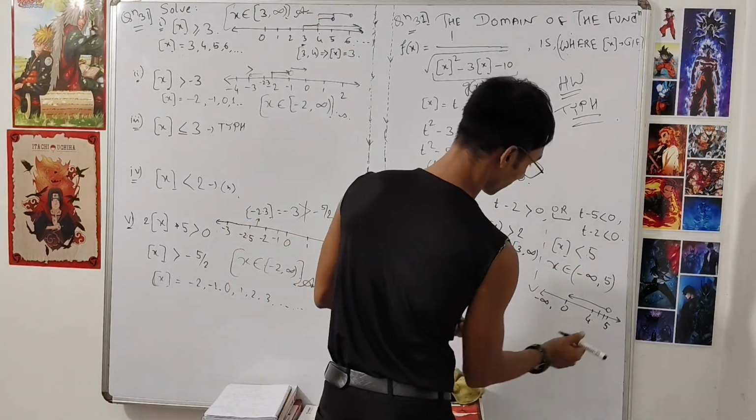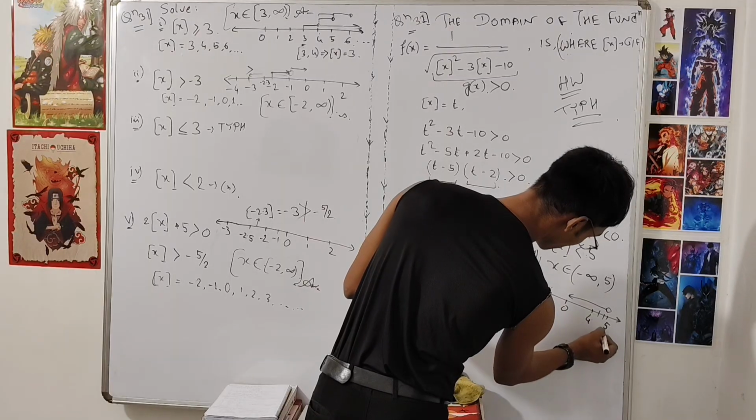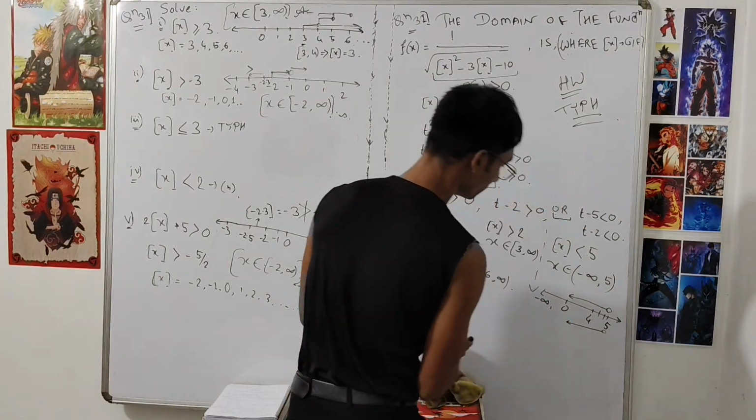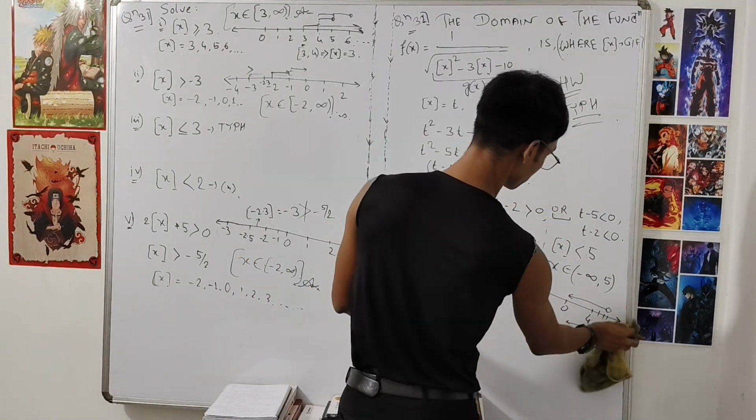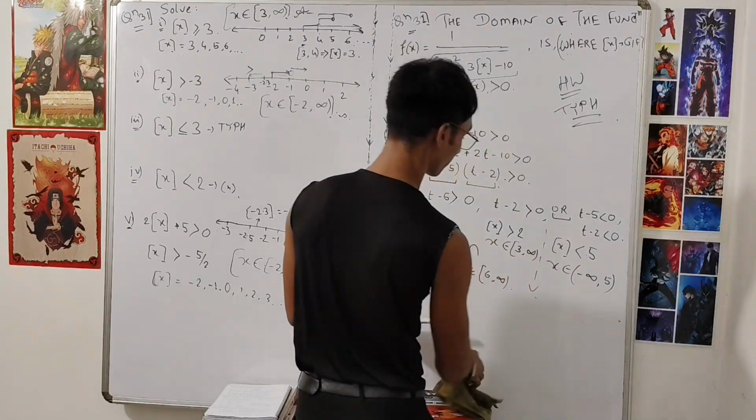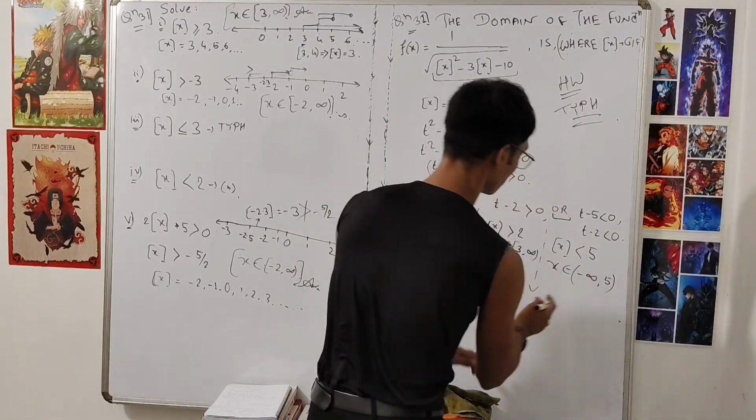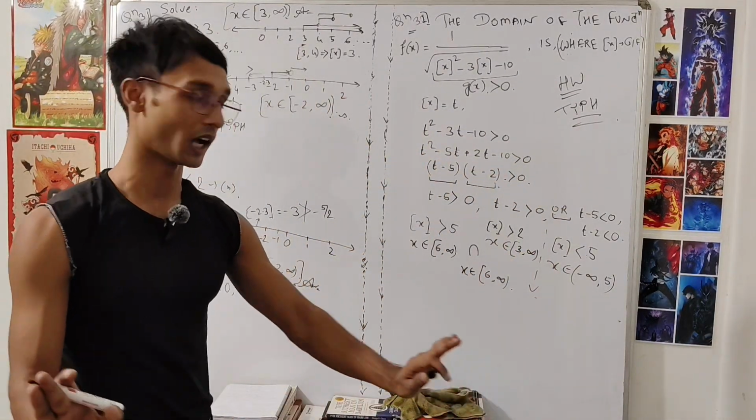So that's why the domain also goes from 5 to minus infinity, right? I hope it's clear.